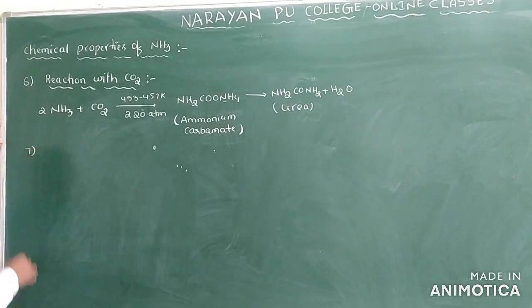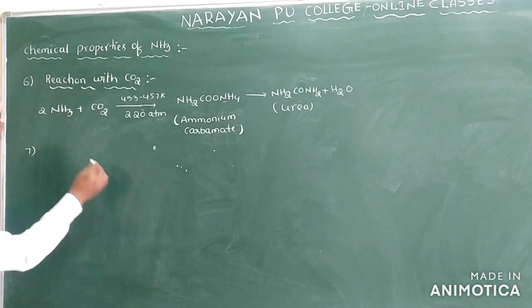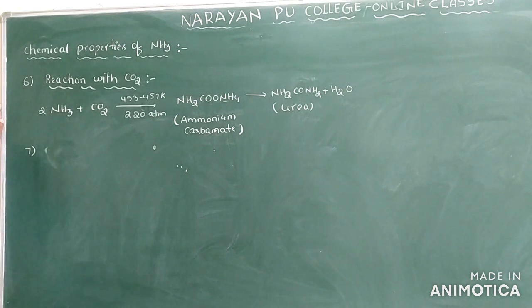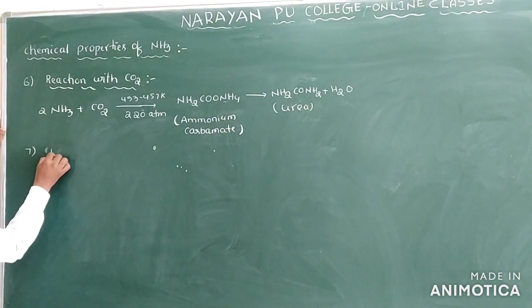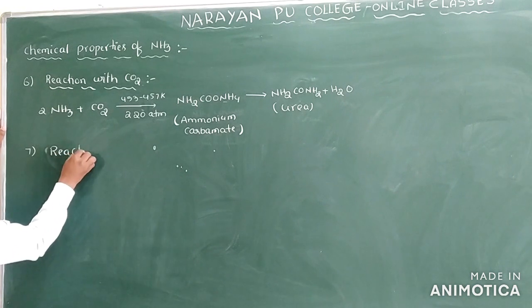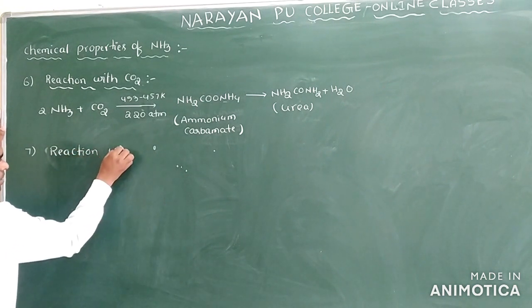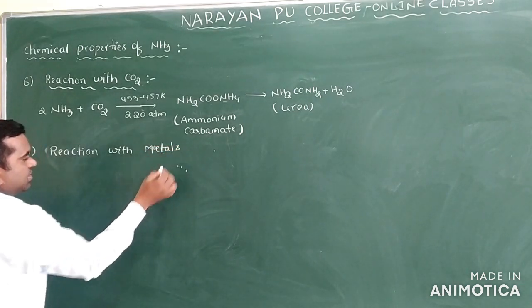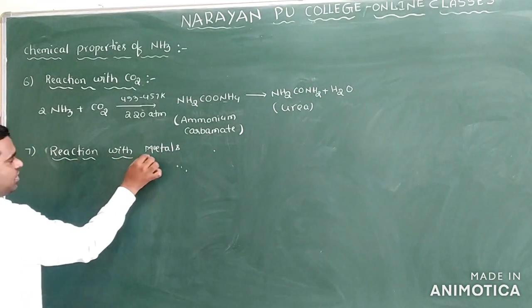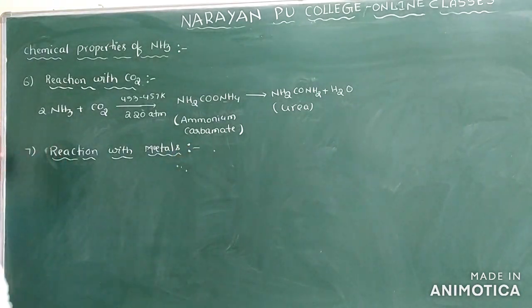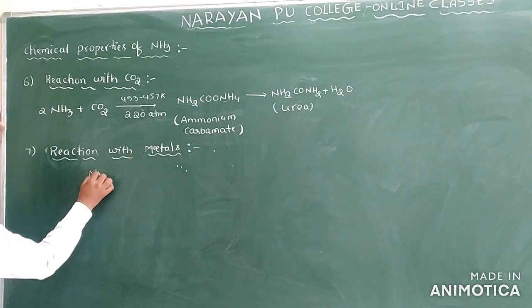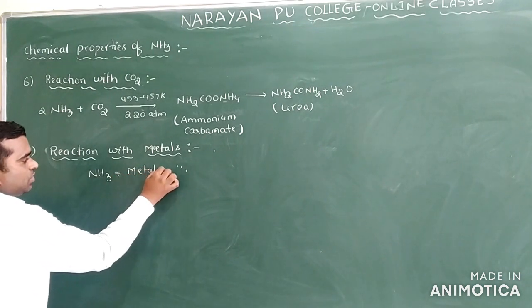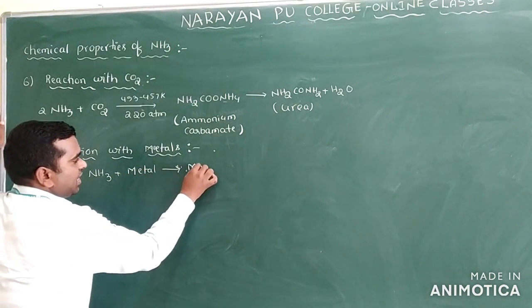Next, the seventh one is reaction with metals, and after that we will go for Nessler's reagent. When ammonia reacts with metals, you get metal amides.